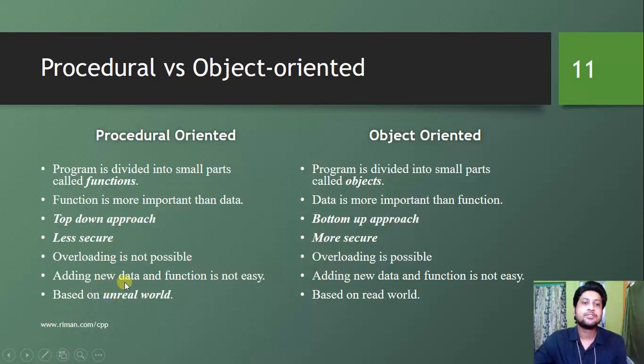Adding new data members and functions is not easy in procedural-oriented languages, whereas in object-oriented languages, we can easily add new data and functions in class form. Procedural-oriented languages are based on an unreal world, whereas real-world entities can be implemented as objects in object-oriented programming.